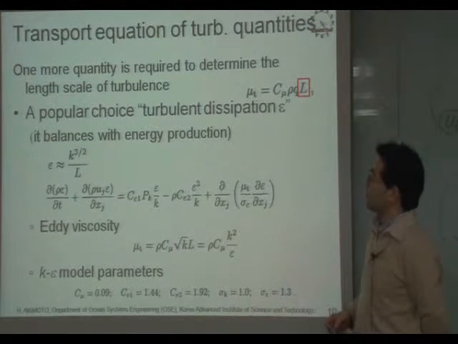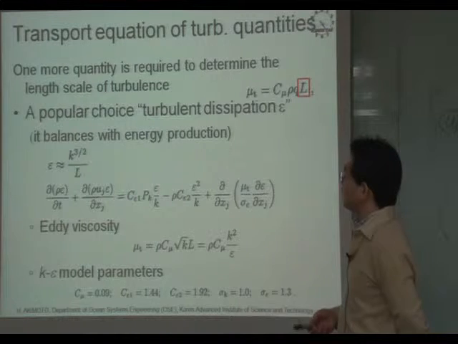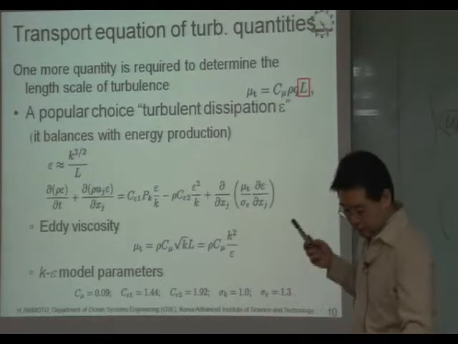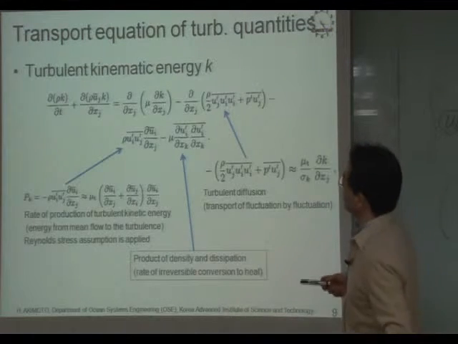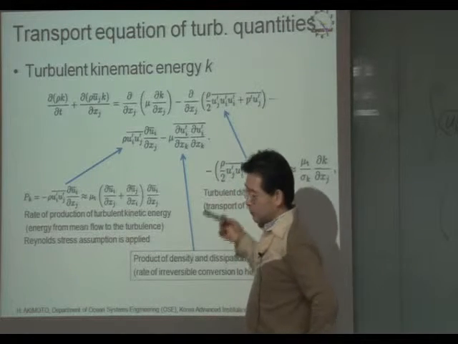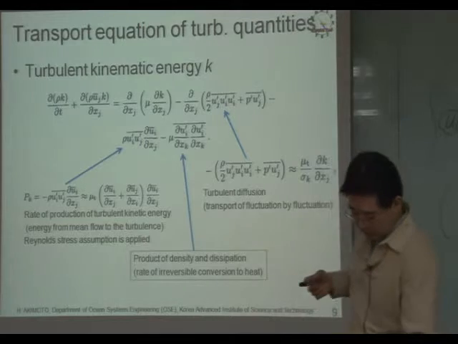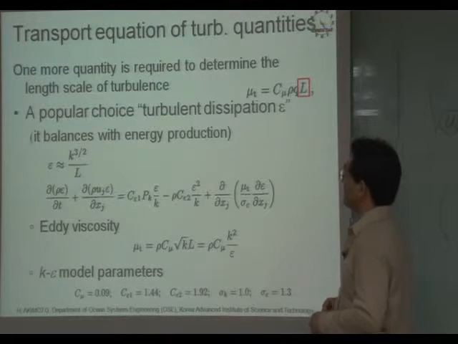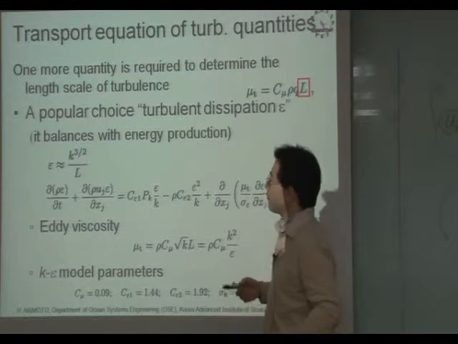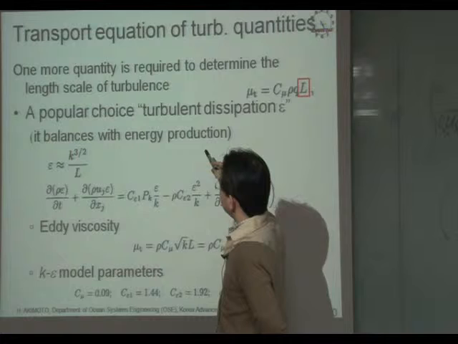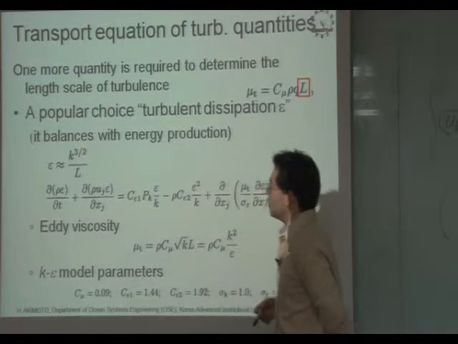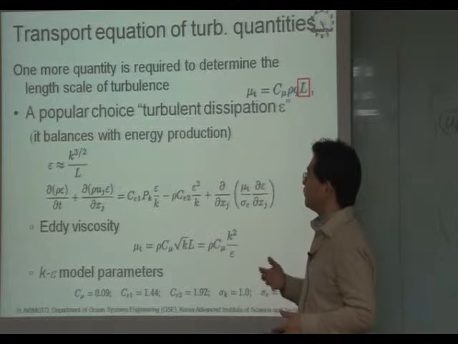Why this selection appears is because the counterpart of the transport equation is k. It is the energy. So the possible counterpart equation is its dissipation. By considering epsilon, we can check the balance of turbulence energy.